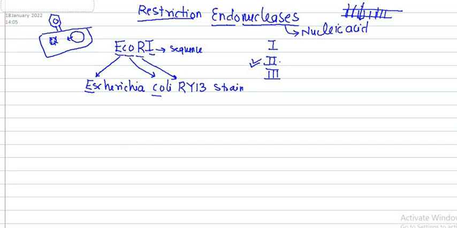The reason is that it cuts within the recognition site, while type 1 cuts around 1000 base pair away, and the other cuts approximately 24 to 26 base pair above, so that is not useful for us. And both these need ATP for their activity, while type 2 doesn't need ATP. So these are the major differences between the three groups of restriction endonuclease.